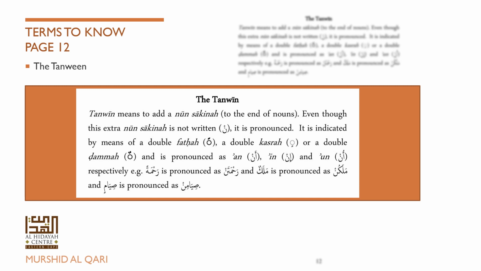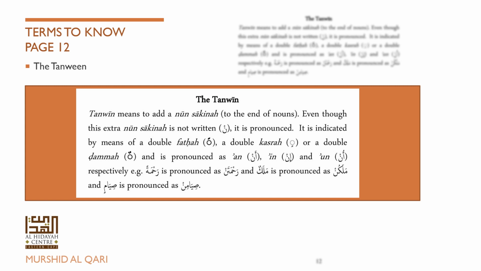Even though this extra noon sakina is not written, it is pronounced. It is indicated by means of a double fatha or fathatain, or double kasra or kasratain, or a double dhammatain, and is pronounced as an, in, un respectively.